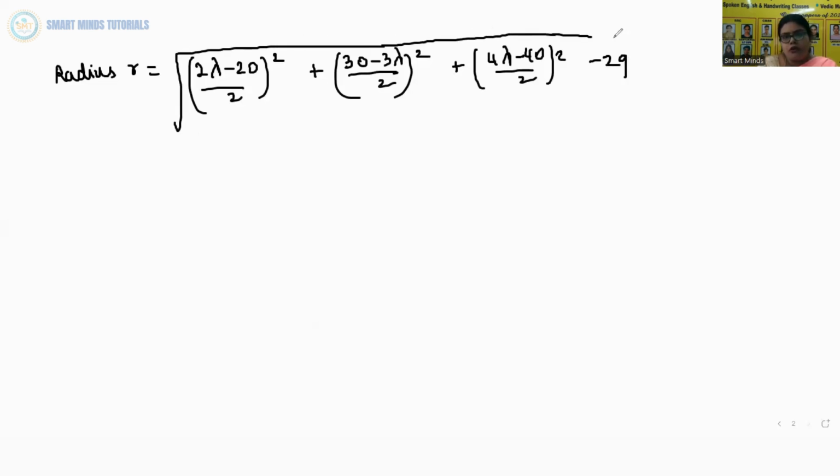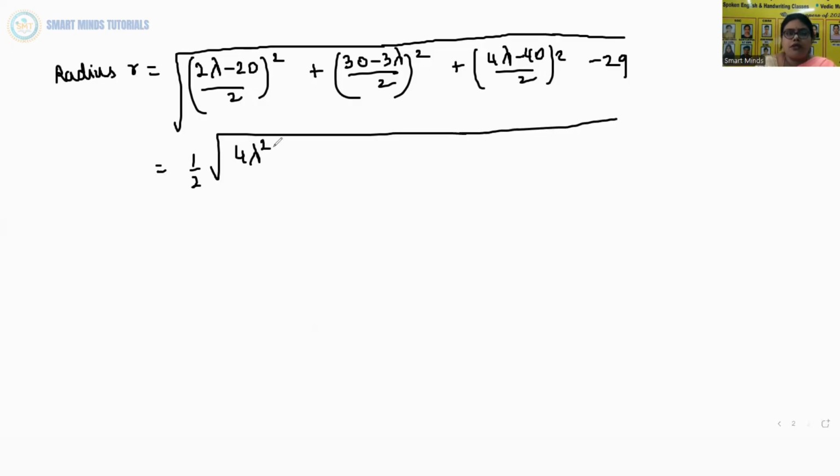So what is the formula for radius? Root over u square plus v square plus w square minus d. So that is equal to half, I take it out. Now what are we left over with? The numerator we will simplify.